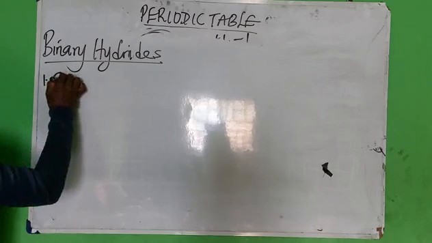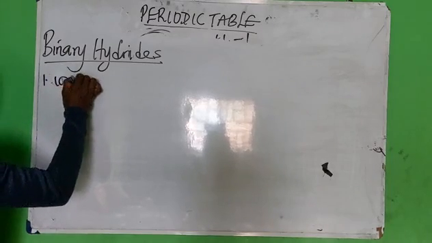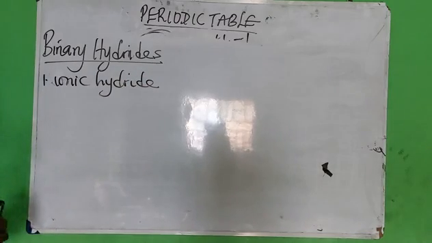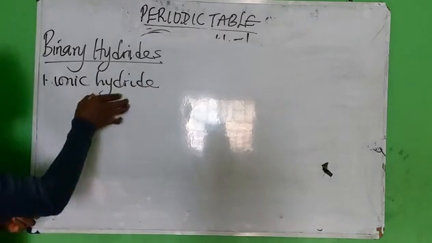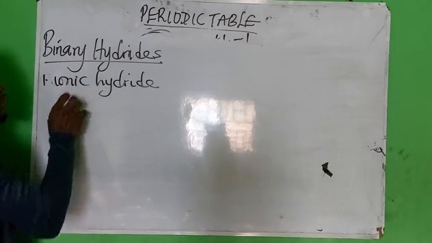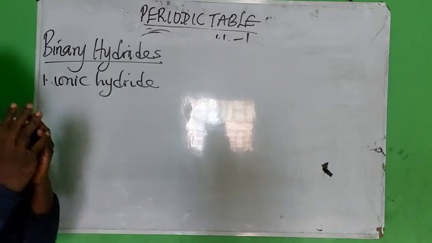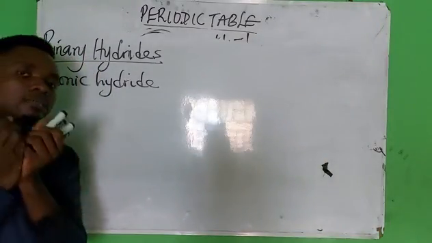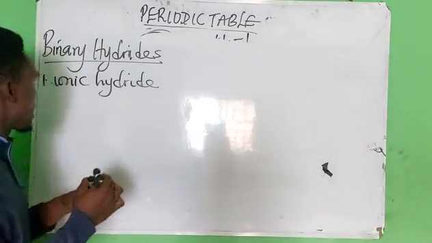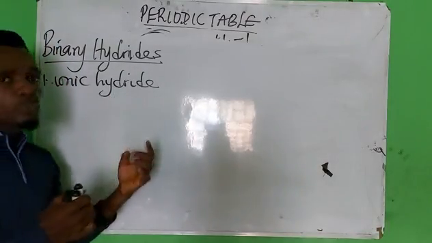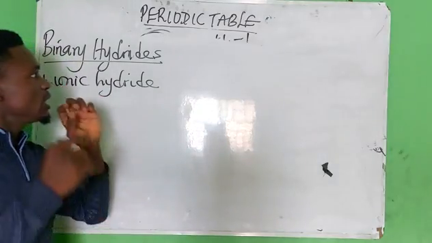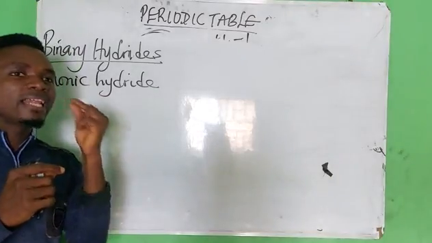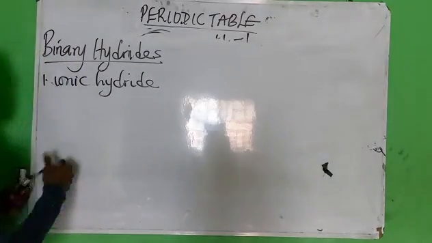We have ionic hydride. Now, this ionic hydride is formed when hydrogen gas combines with less electronegative elements. I recap: ionic hydride is produced when hydrogen is joined to less electronegative elements like sodium.